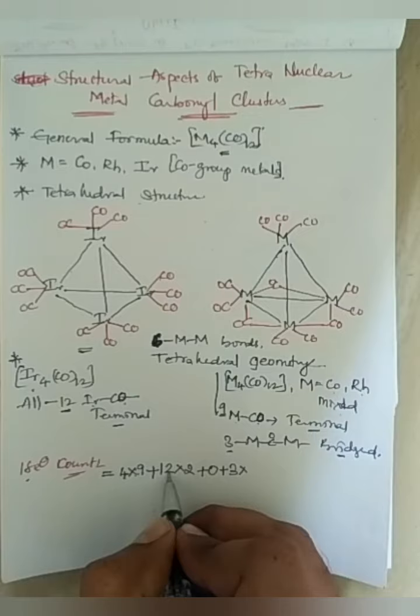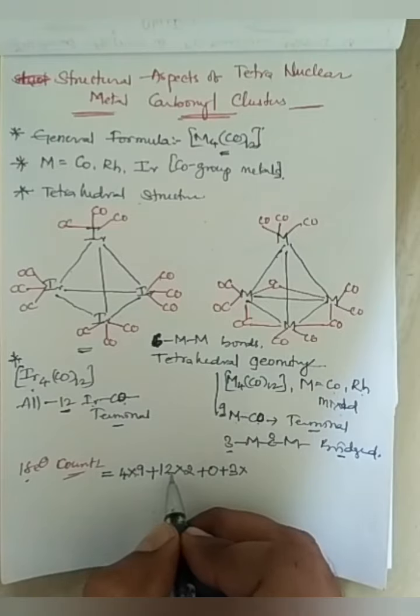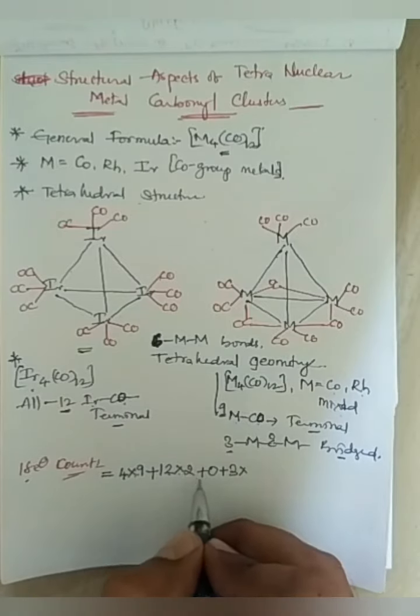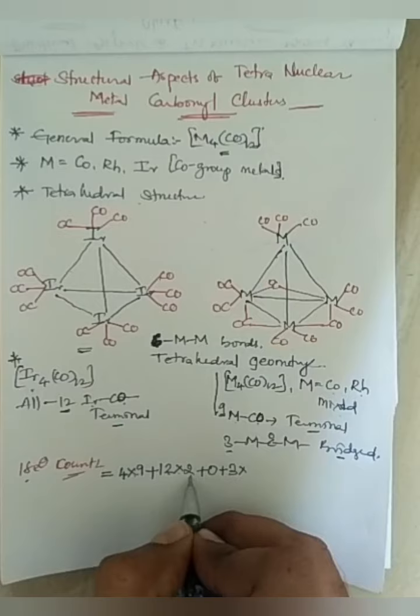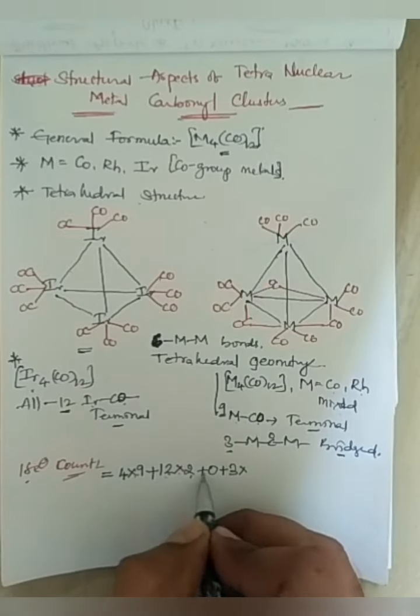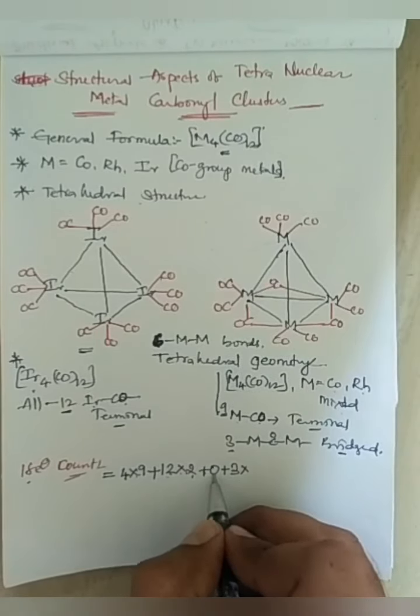Here the number of ligands is 12 carbonyls, and 12 is multiplied by the electrons each ligand donates, that is, carbonyl donates 2 electrons each, so 12 times 2, plus or minus the oxidation state.